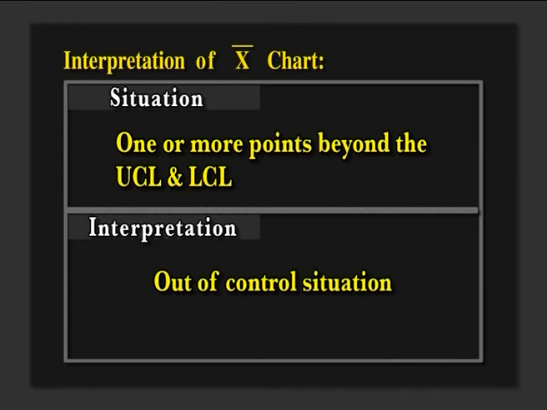Suppose you observe in the graph one or more points beyond the UCL and LCL, it says that the process is out of control. Even if the values are within the control limits, it might show some non-random situations or the presence of assignable causes in the system. That is explained in the following.